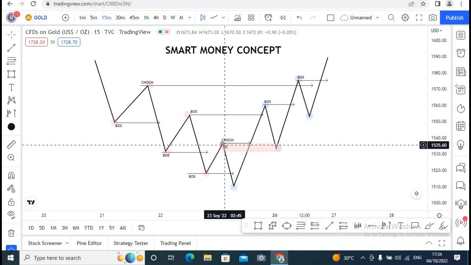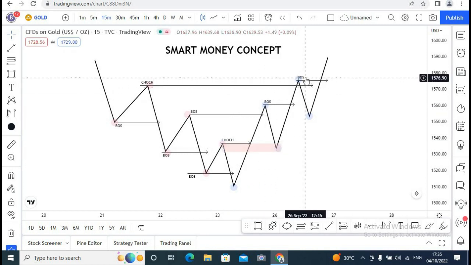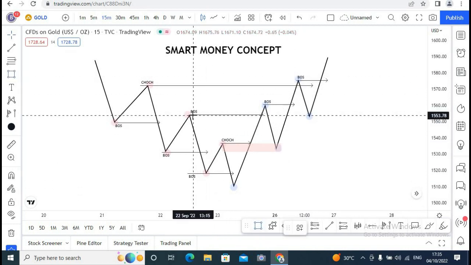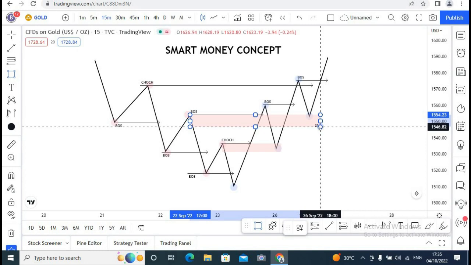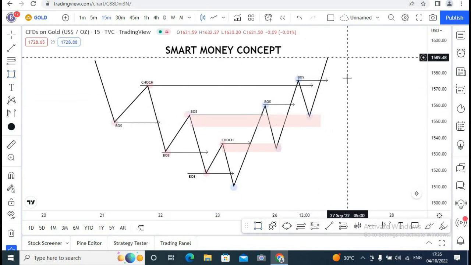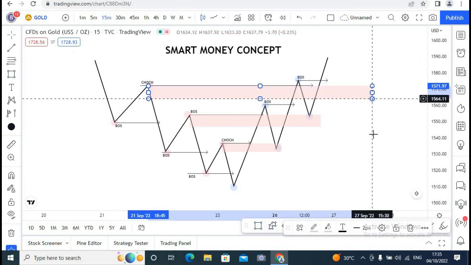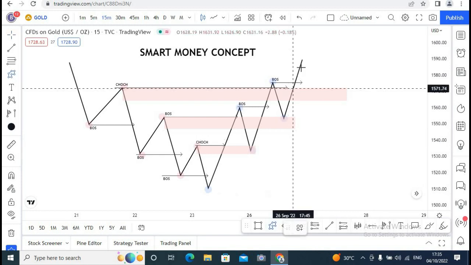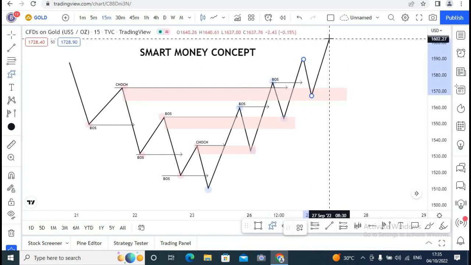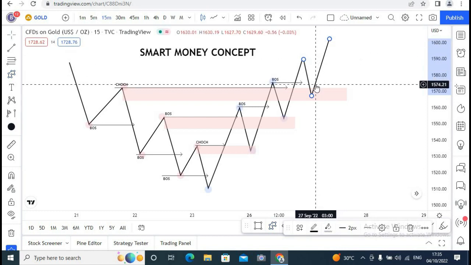So the price will just come and respect a breaker block right here, and then they'll shift the market going to the upside, meaning they can also come back to respect the same breaker block here, filling the orders right there and shifting the market to the upside. Same thing right here, they'll come back, giving you a pullback right after a break of structure, and then they'll continue going to the upside. So that's what you have to understand.